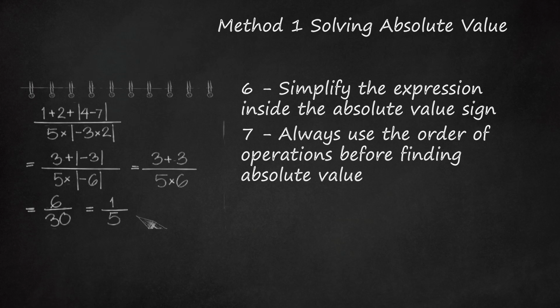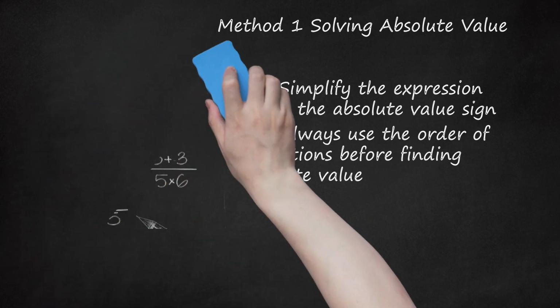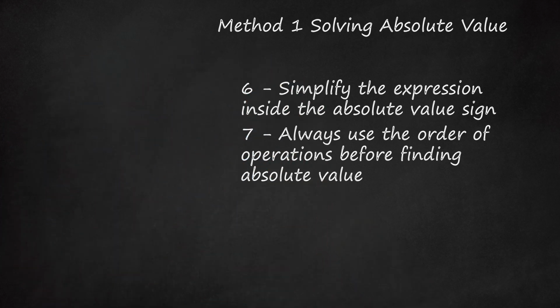Take the absolute values, 3 + |3 + 5 + 6|. Order of operations, 6 over 30. Simplify to final answer, 1/5.